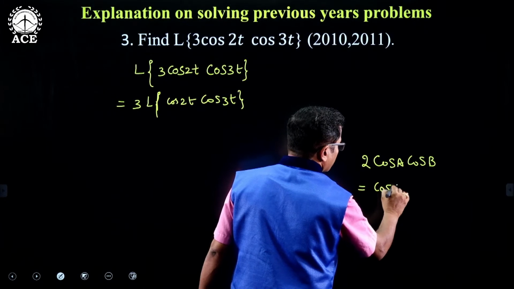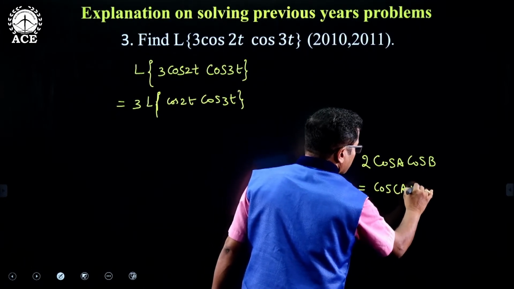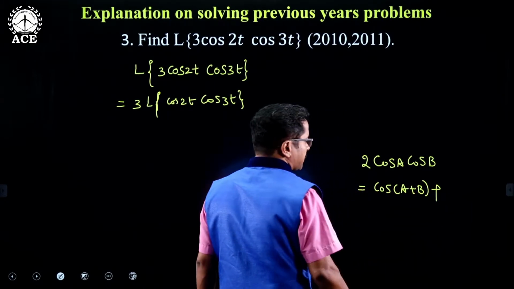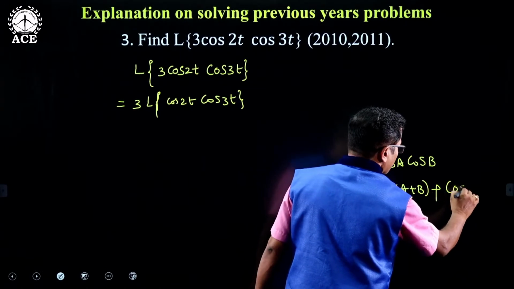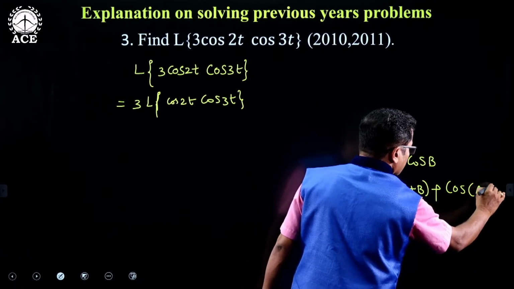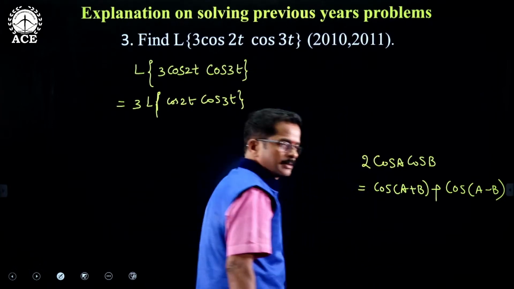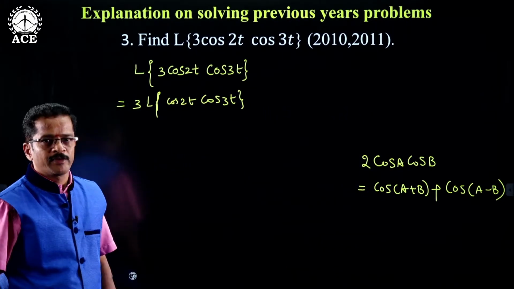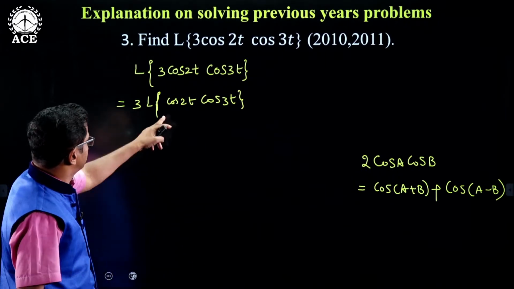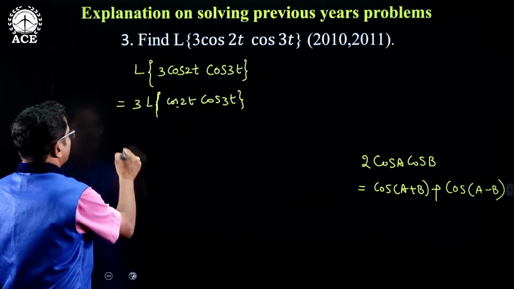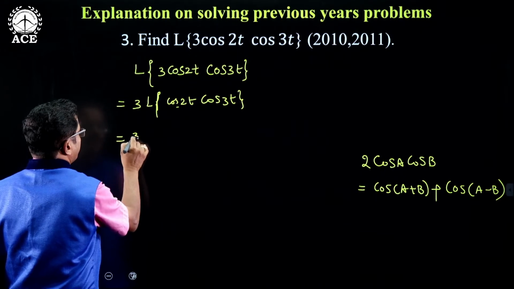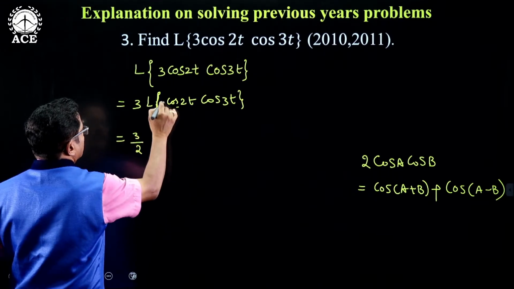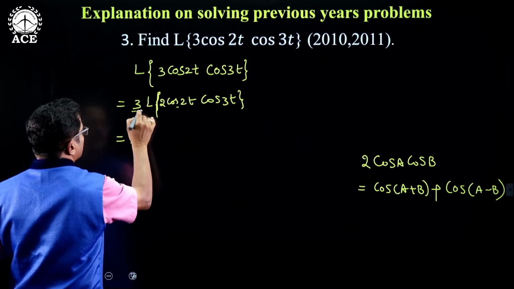Cos of A plus B plus cos of A minus B. 2 cos A cos B equals cos of A plus B plus cos of A minus B. So in that sense, you write this as 3 by 2, because I am multiplying by 2 here, means divide by 2.